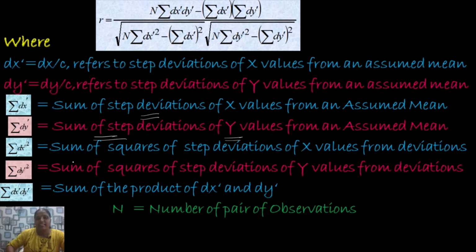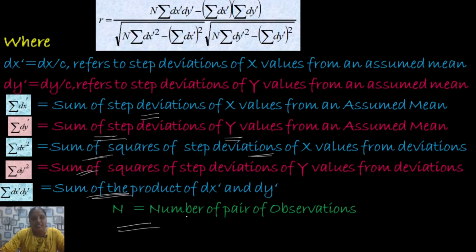Sigma dx dash square is the sum of squares of the step deviations of x values, sigma dy dash square is the sum of squares of step deviations of y values, and sigma dx dash dy dash is the sum of the products of dx dash and dy dash. As usual, n refers to the number of pairs of observations.